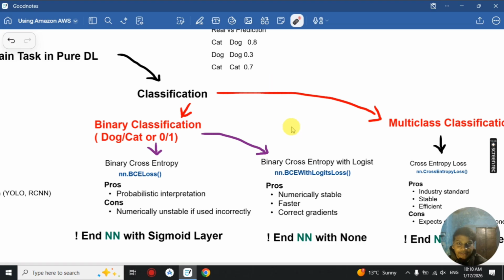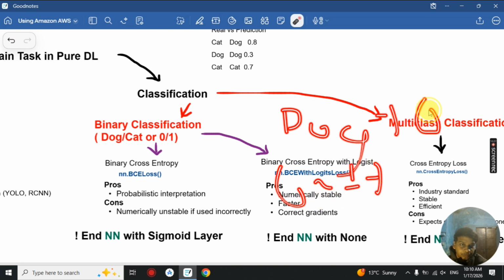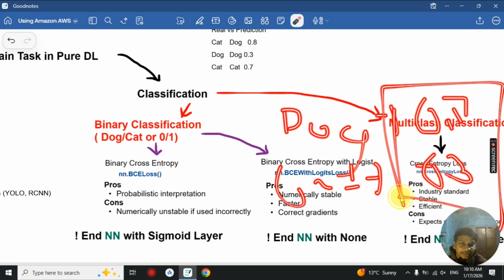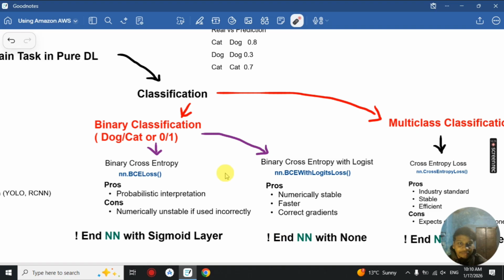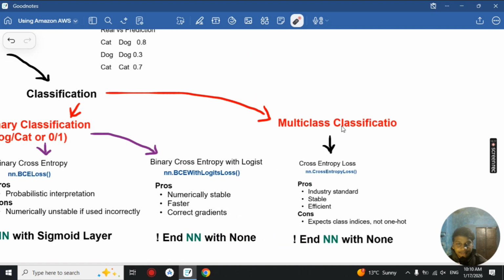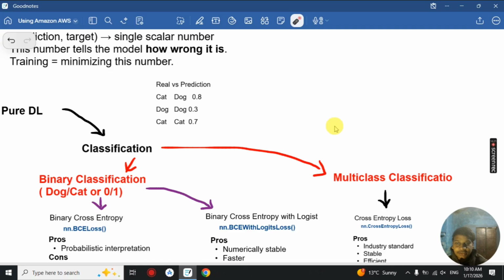So for example, if you have dog and cat, it will give each one a score, like our logits here, and we then define our final loss.